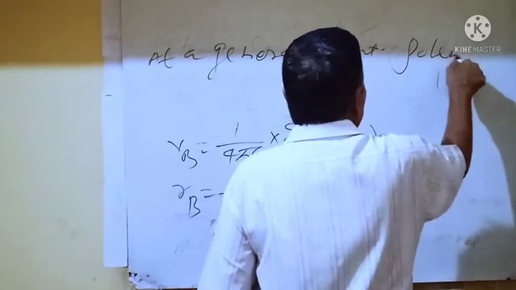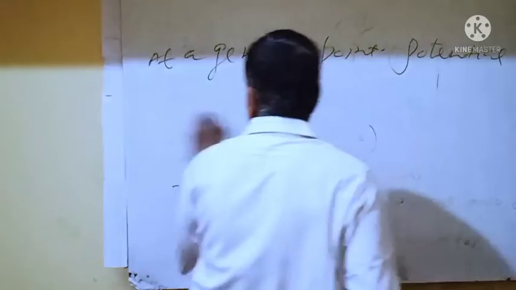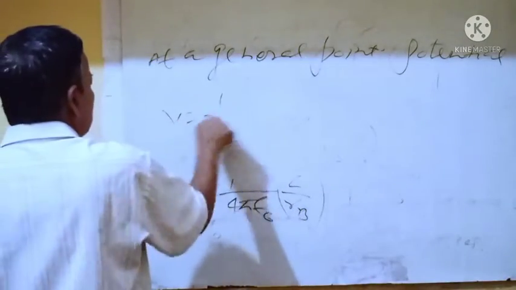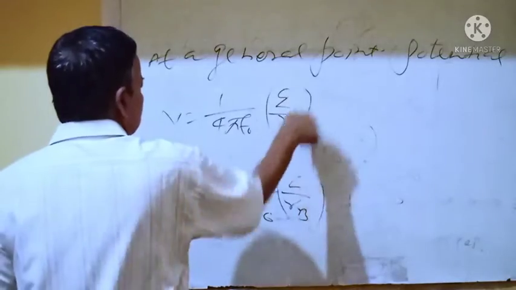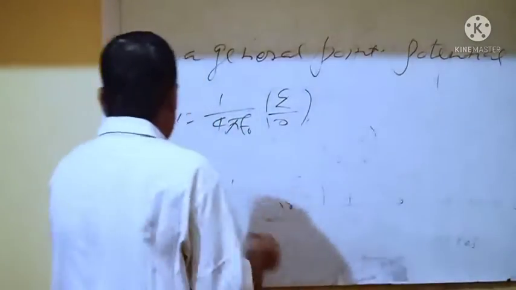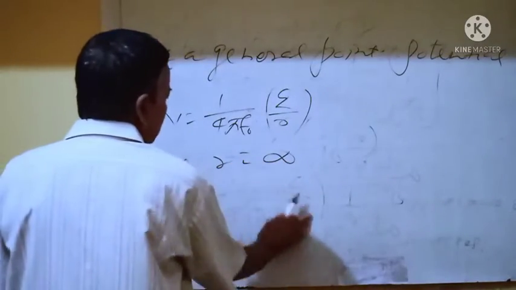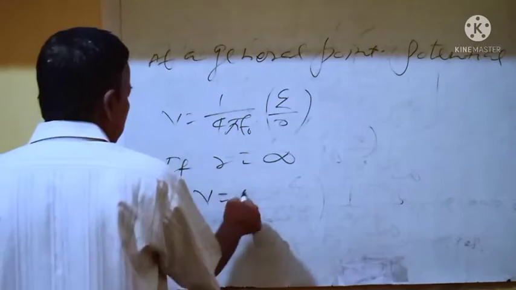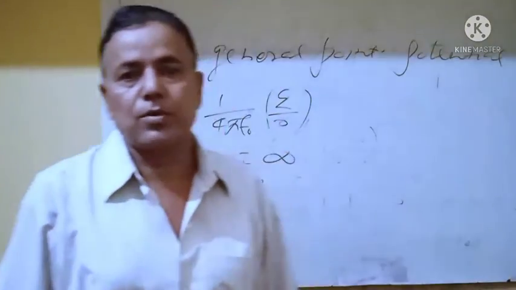Potential at a general point, potential V is equal to 1 by 4 pi epsilon naught Q by R. If R is equal to infinity, V is equal to 0. So at infinite distance, potential will be equal to 0.